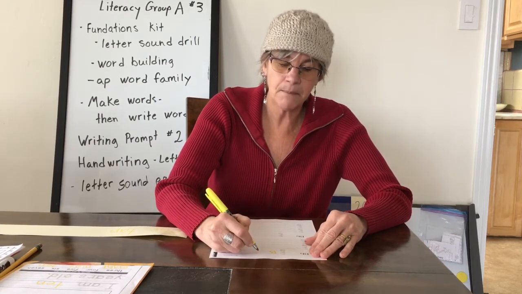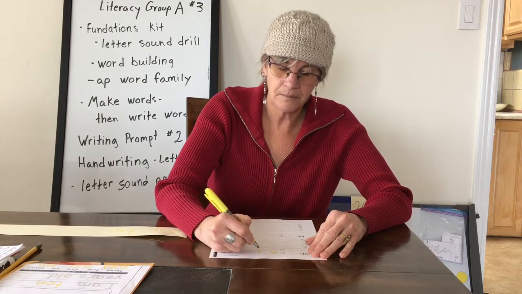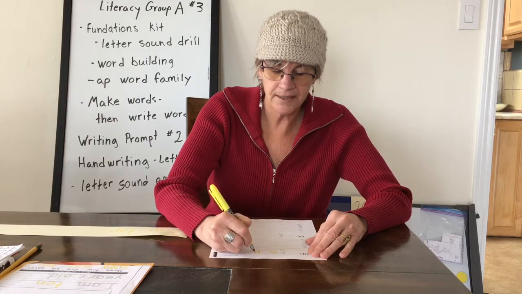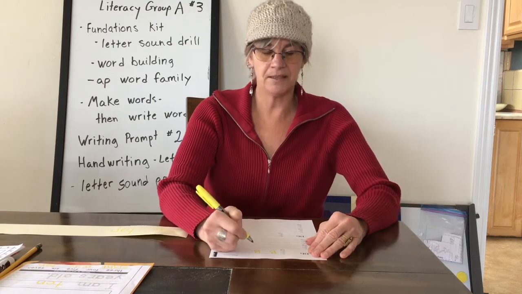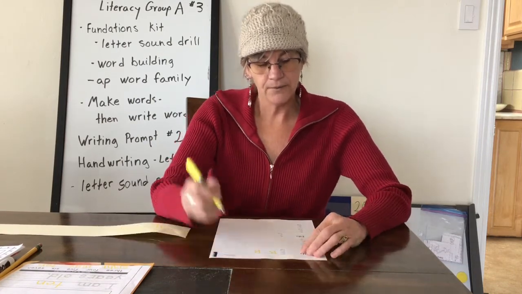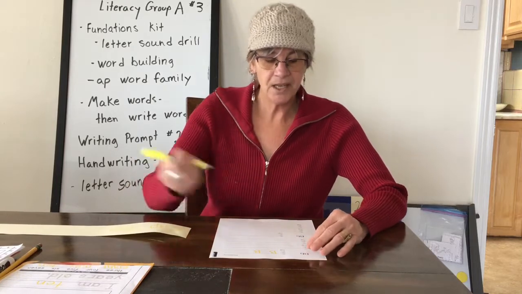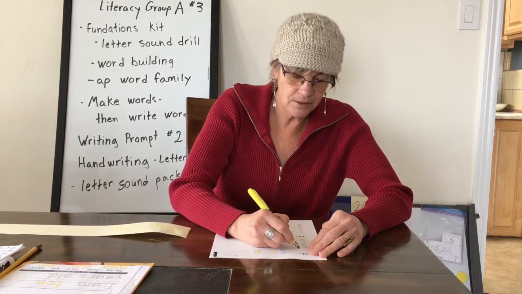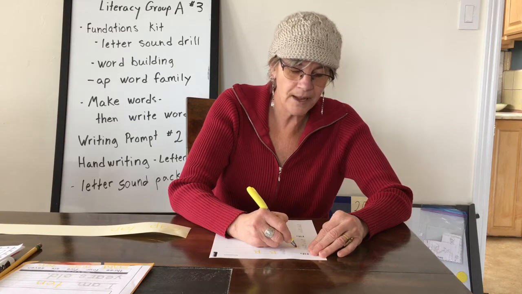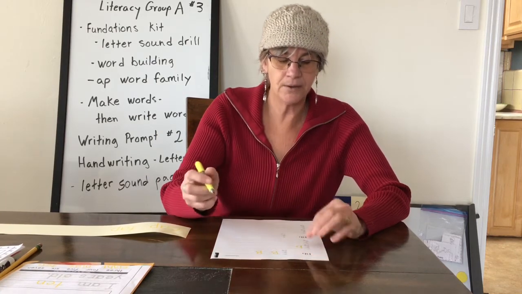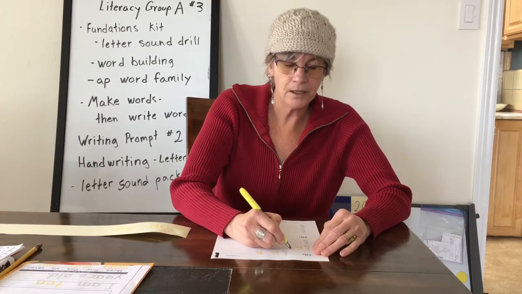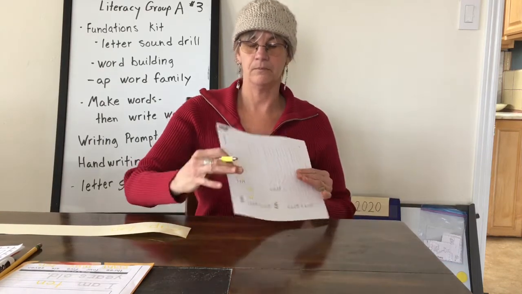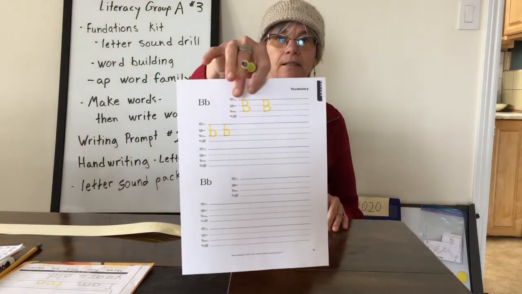B, bat, B. For your lowercase b, you are again starting on the skyline, going down to the grass line and looping around from the plane line to the grass line to make your lowercase b. And they're going to trace.